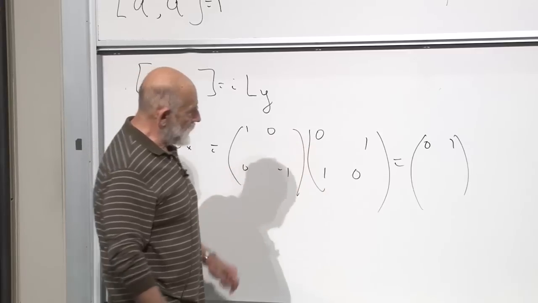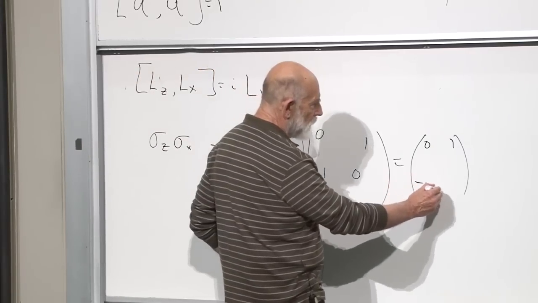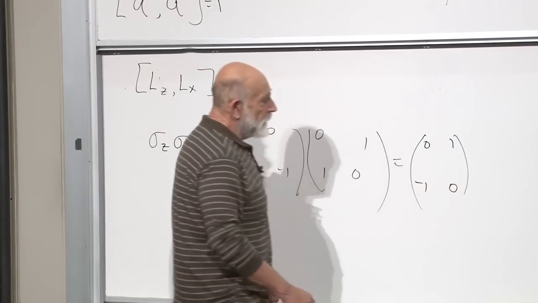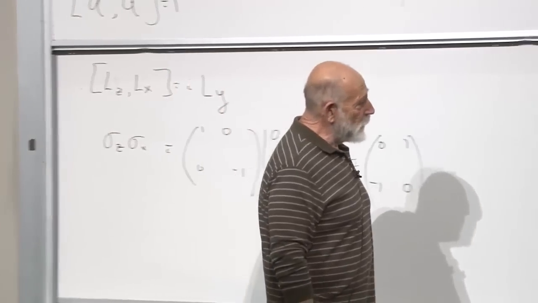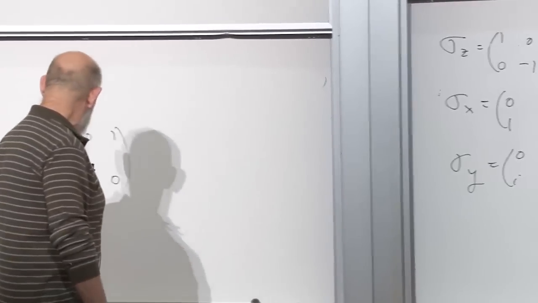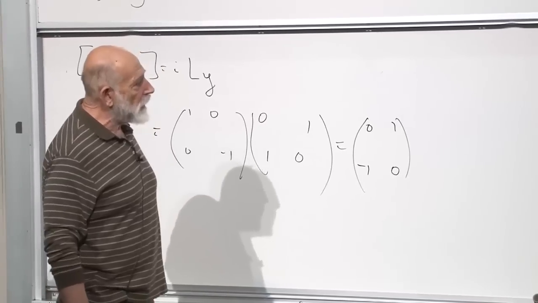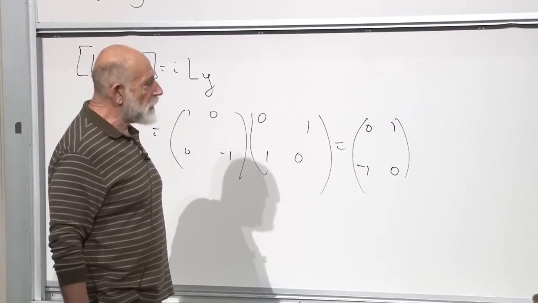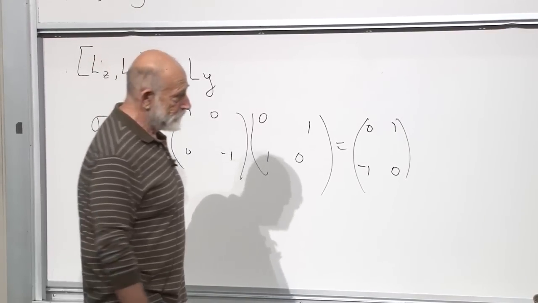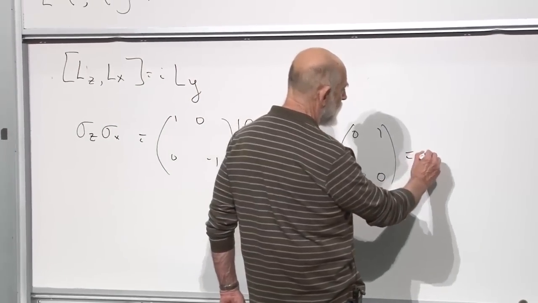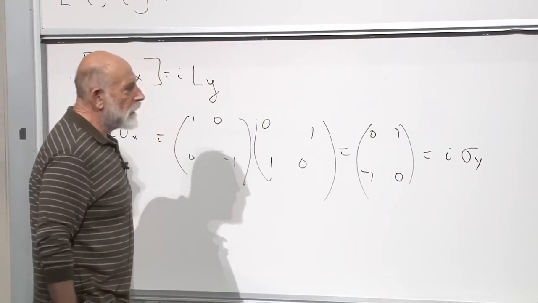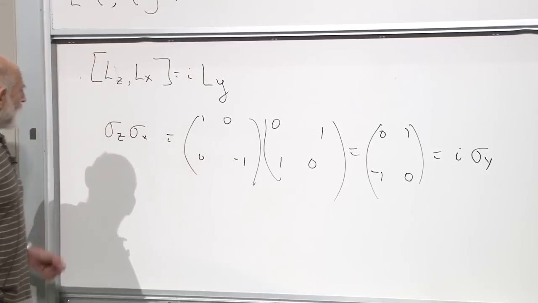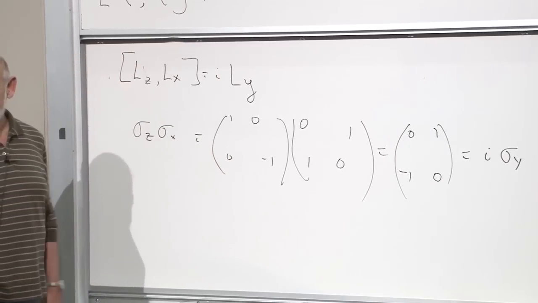Down here, -1, 0. That's not quite sigma y, but it's almost sigma y. It's i times sigma y. Now, that's nice, but it's not the commutator.